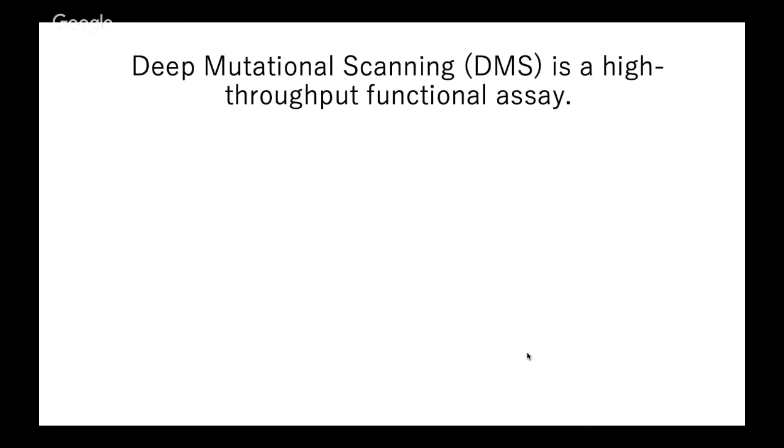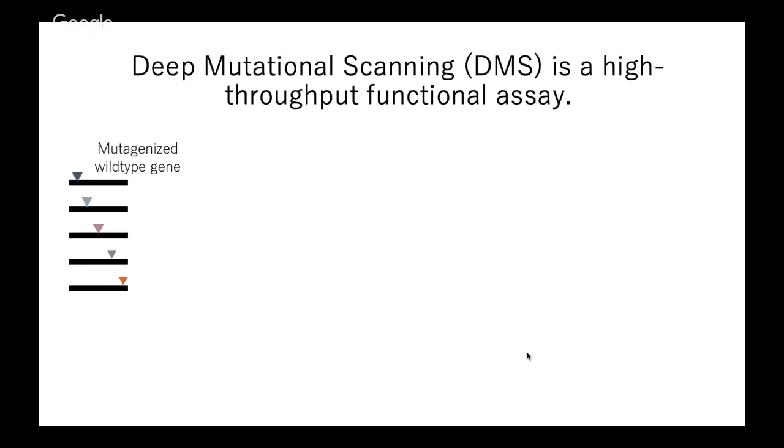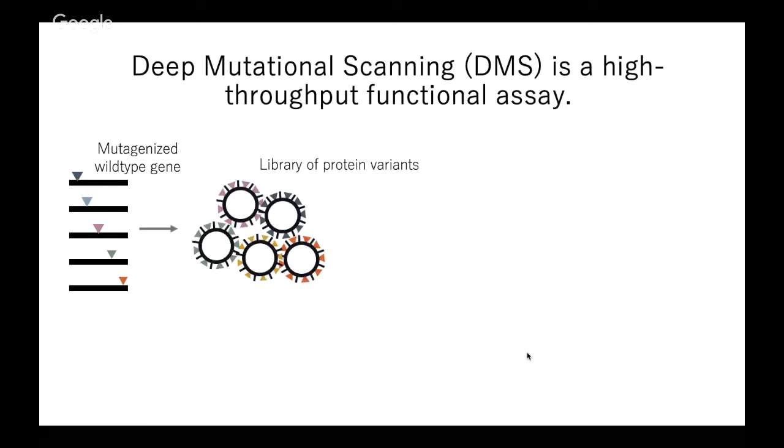So mutational scanning is a high-throughput functional assay which allows us to measure the effect of every single amino acid change in a protein. Briefly, you can take a wild-type gene and introduce all of the single amino acid changes. You then grow up a library of protein variants. So in the Bloom lab, we study viral evolution. So most likely, in our experiments, this is a library of viruses where each virus carries a different variant.